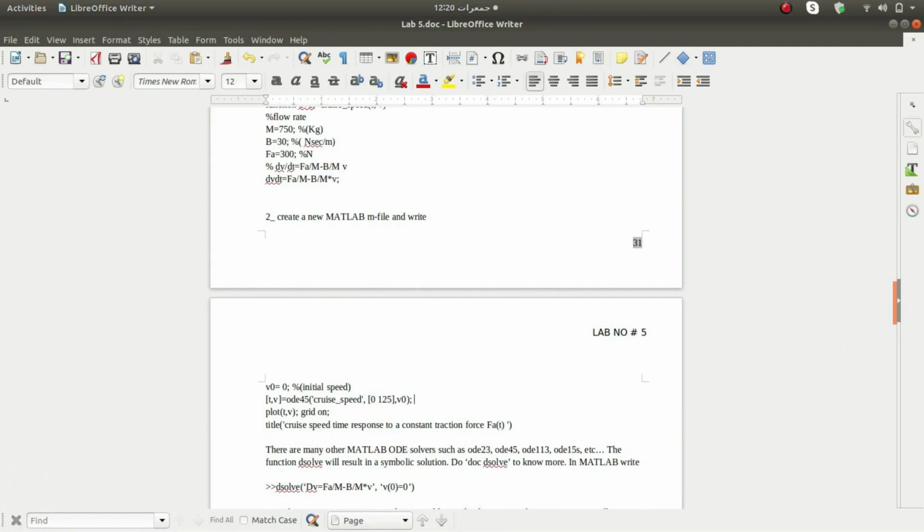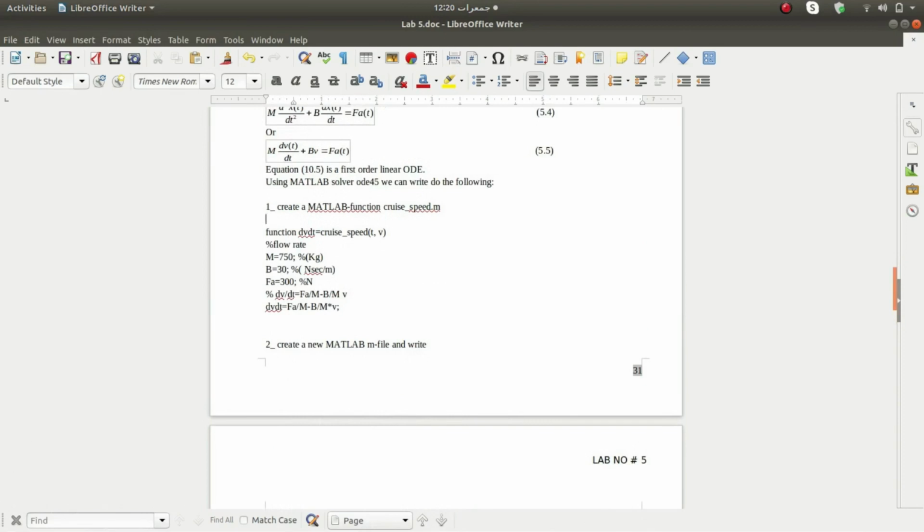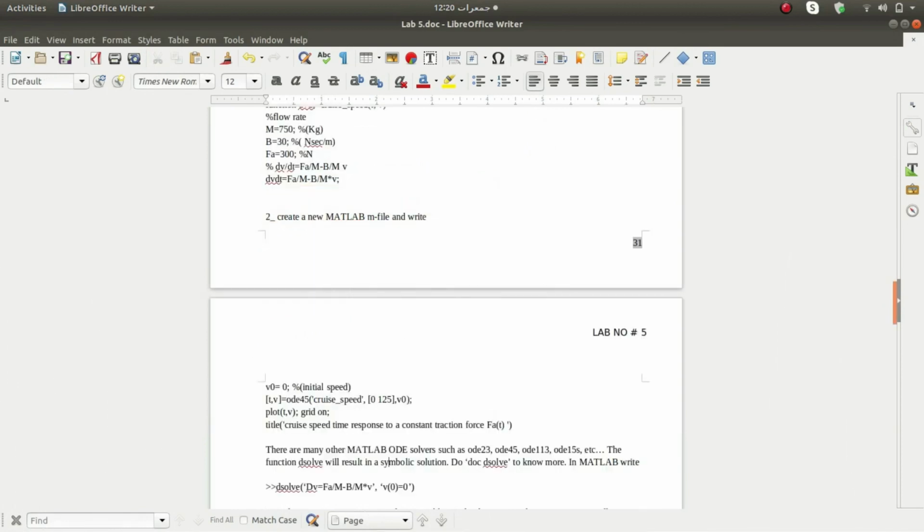We have supposed the initial velocity equals 0, and now we are using the ODE function. This is the function name which we declared at the start. Here you can see cruise underscore speed dot m. So we are calling this function cruise underscore speed, and this is the time span, because we are solving it with respect to time, so this is the time limit.